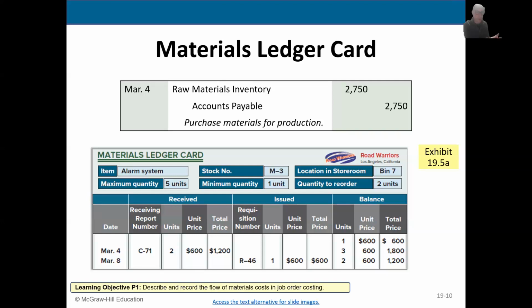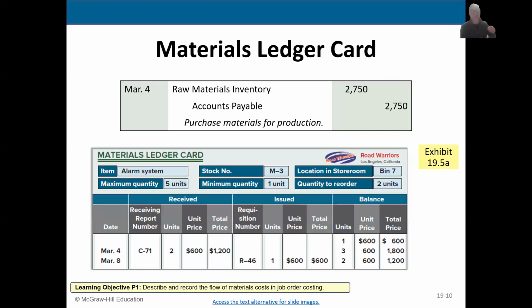And of course, they usually send the bill when they send the raw materials, right? So I receive the bill and the packing slip, and I record the bill: debit raw materials inventory, credit accounts payable. Why accounts payable? Because I just got the bill. I'm not paying it right away.